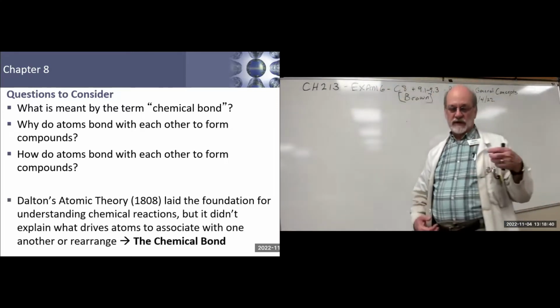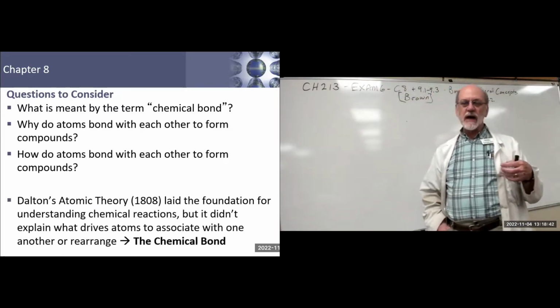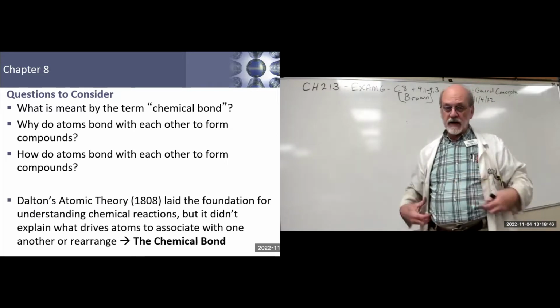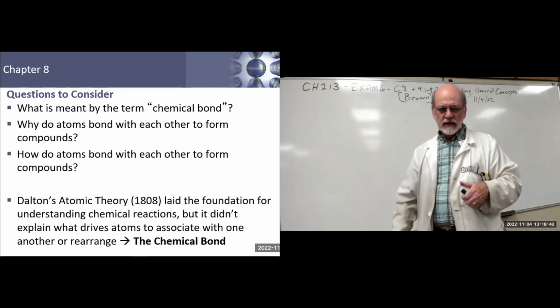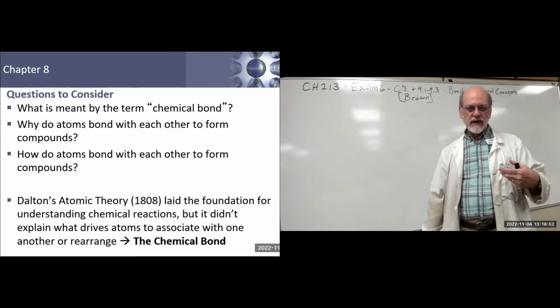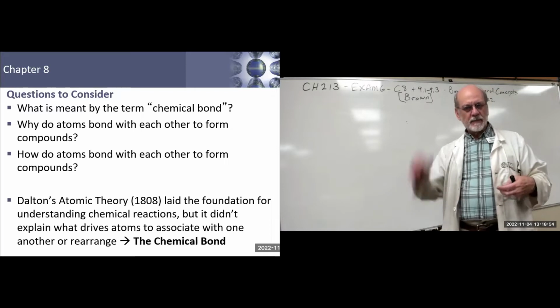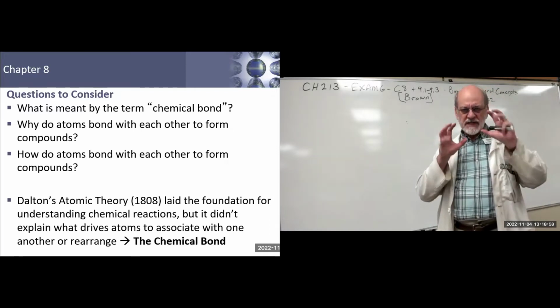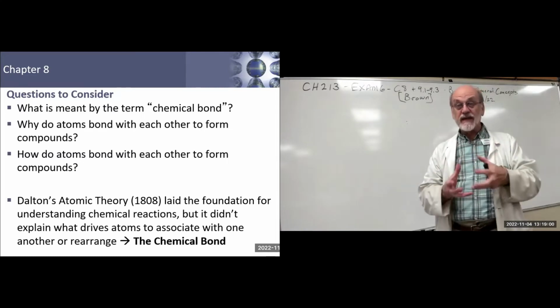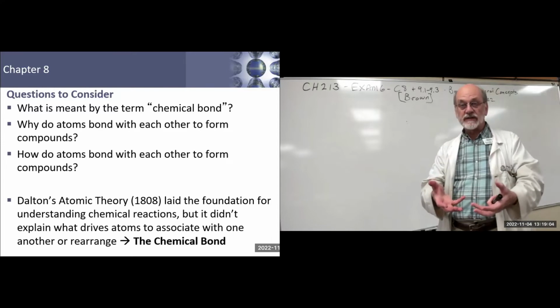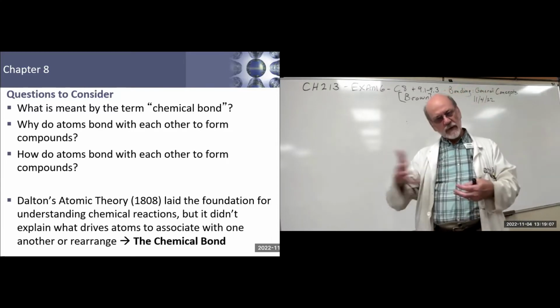Our starting point is Dalton's atomic theory. We go a long way from there, but that's where it all began. He laid the foundations for understanding chemical reactions. We had to start digging at what an atom really is in order to determine how they bond together. And we've come a long way.